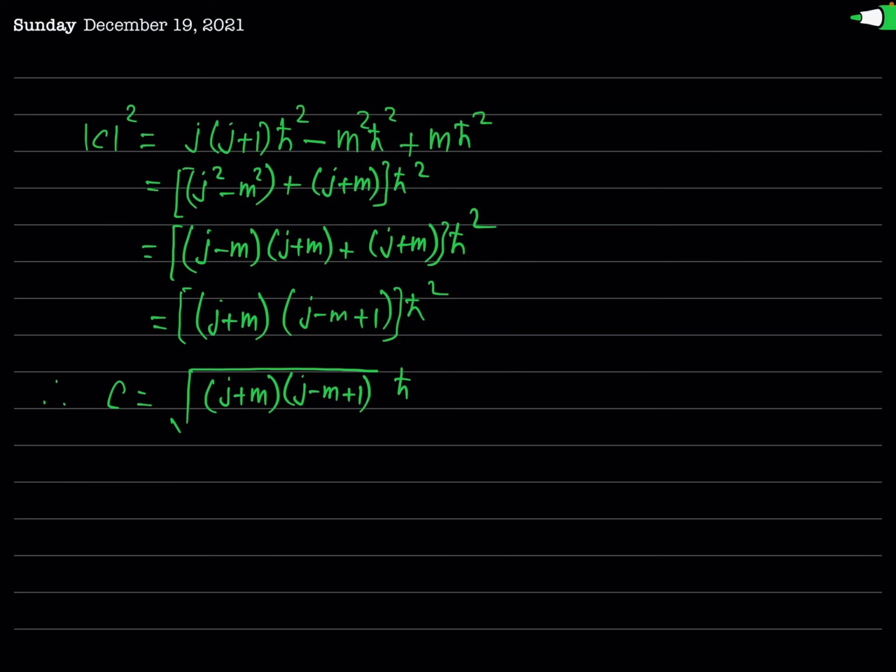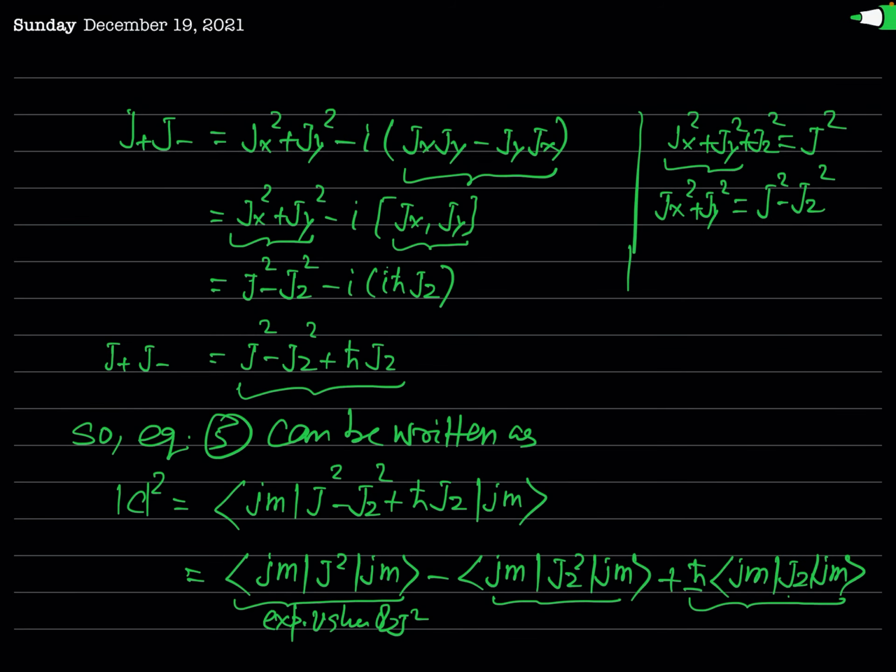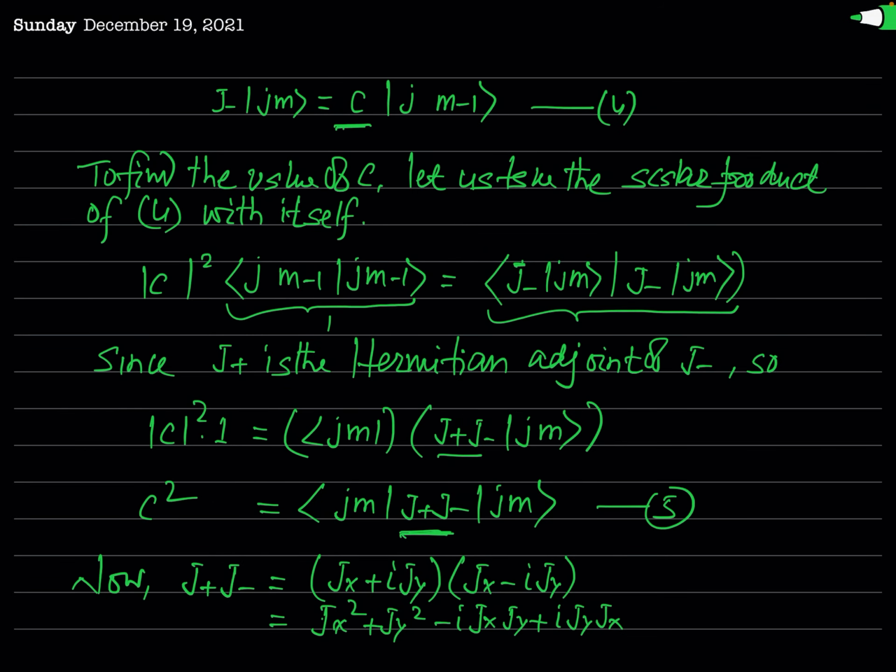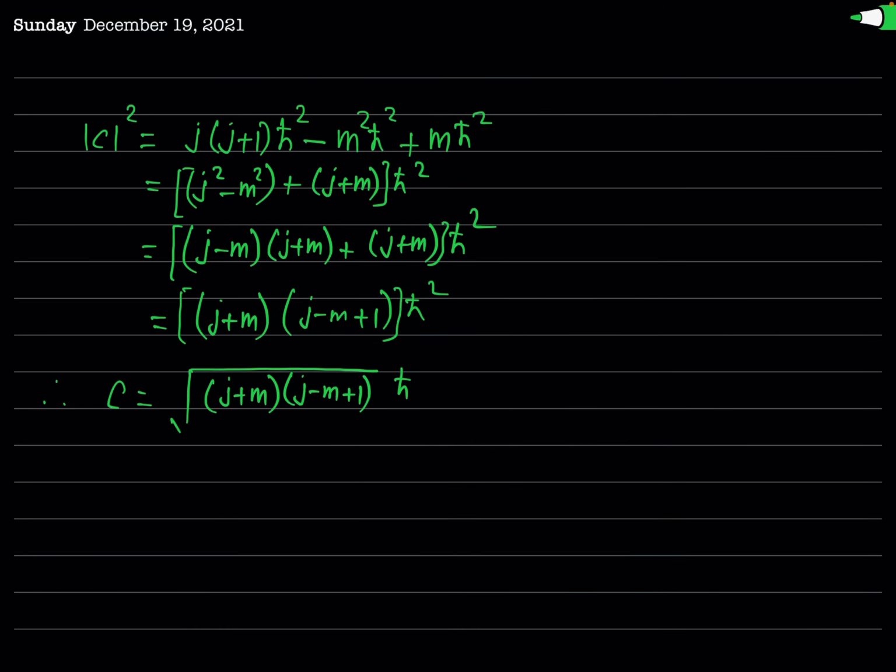Now, once you get the value of c, you can write this equation which I have mentioned here in equation 4. So the state J minus ket jm can now be written by putting the value of c in equation 4.